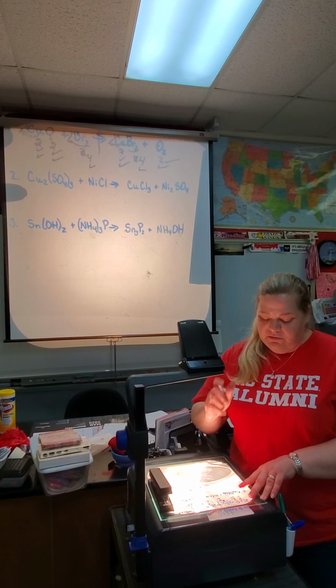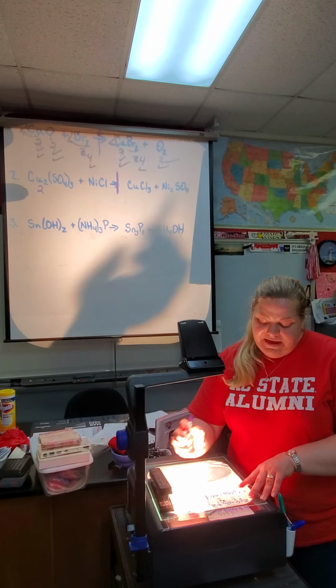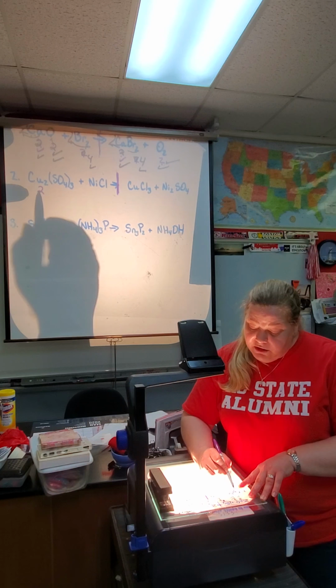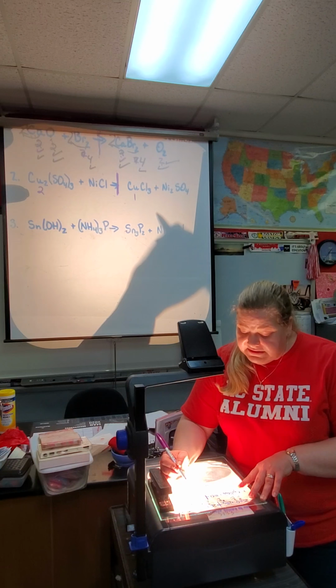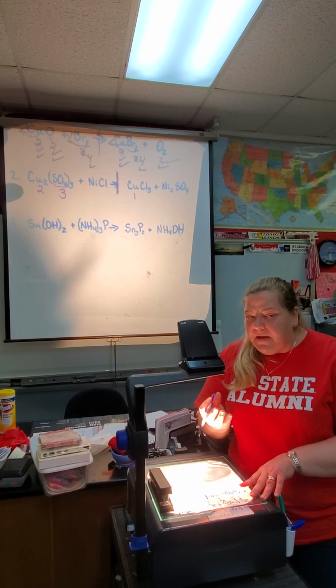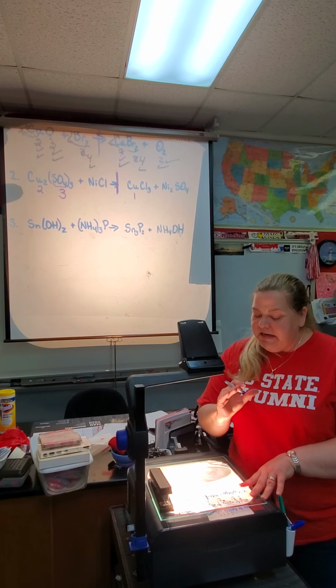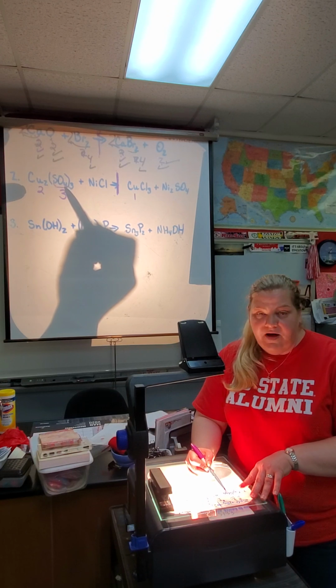So, count. 2 coppers. Oh, you might want that divider line to show the back and forth. 2 coppers, 1 copper. Okay, well, you'll have to fix the copper. 3 sulfates. If at all possible, keep the polyatomics together. It's easier than breaking that down into 3 sulfurs and 12 oxygens.